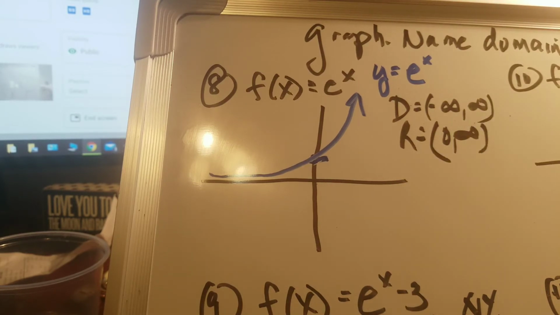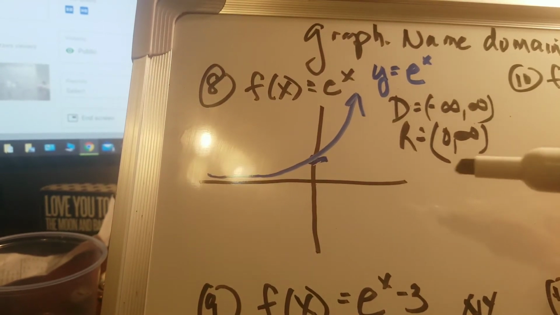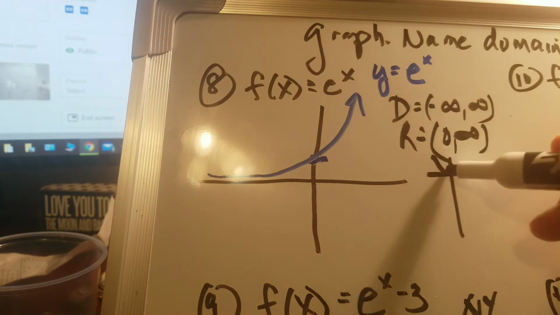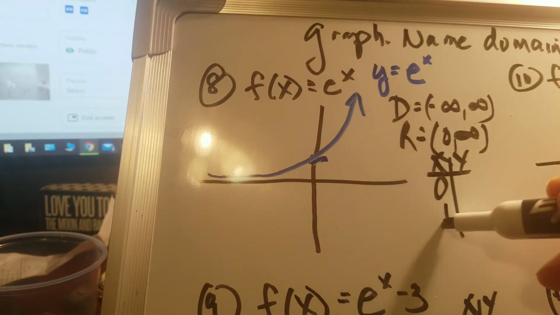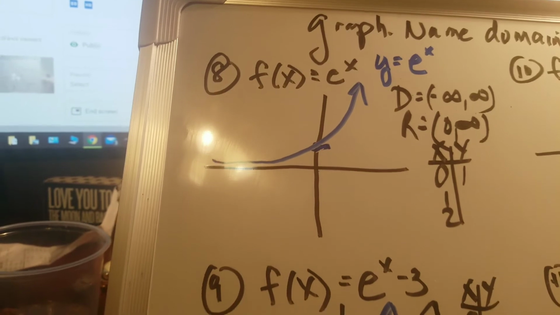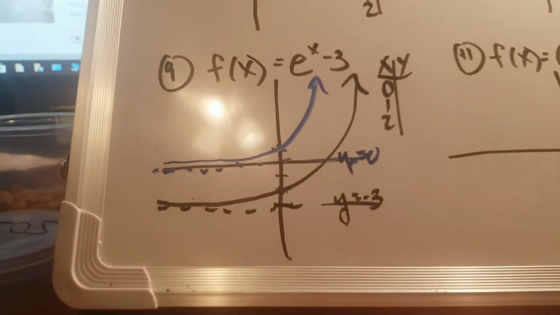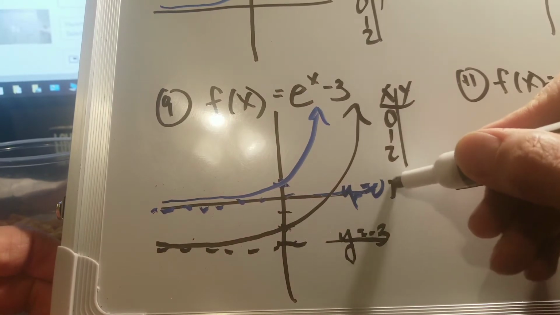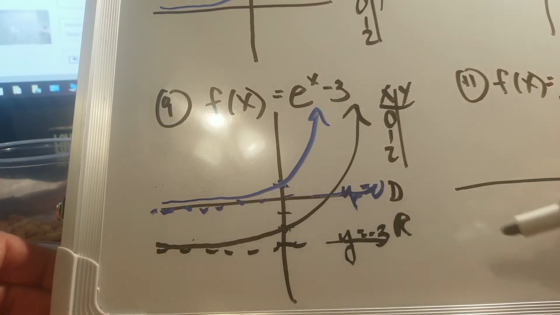Okay. And if you wanted 3 points, you would just make your 3 points. X, Y, 0, 1, 2. And 0 was 1. You plug in 1, get the number. 2, plug in the number. Okay. Go down to this one. Domain, range.